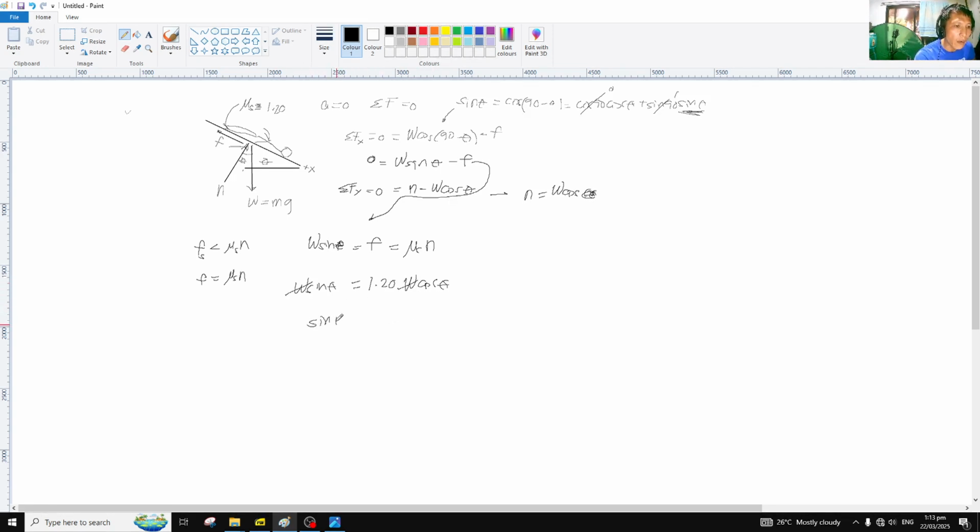And then you can divide the sine theta by the cosine theta, and that would equal 1.20. That would be tangent theta is equal to 1.20, and that theta is equal to the arctan of 1.20.